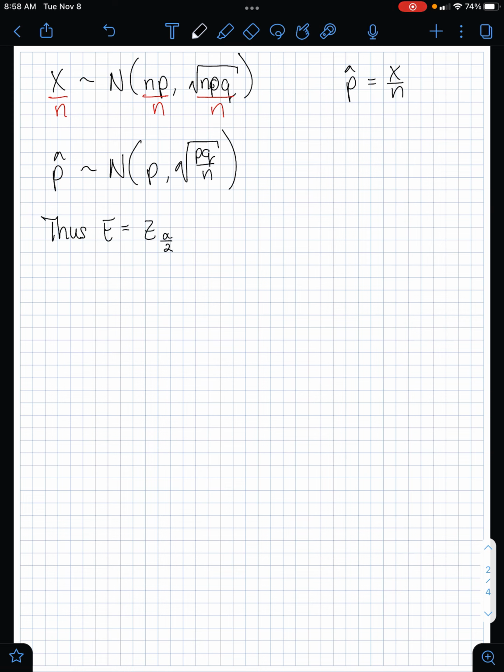So our margin of error is going to be z sub alpha over 2 times the square root of p hat times q hat over n, where, remember, q hat is equal to 1 minus p hat.